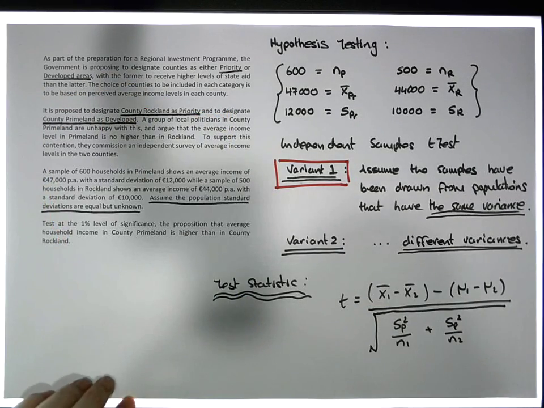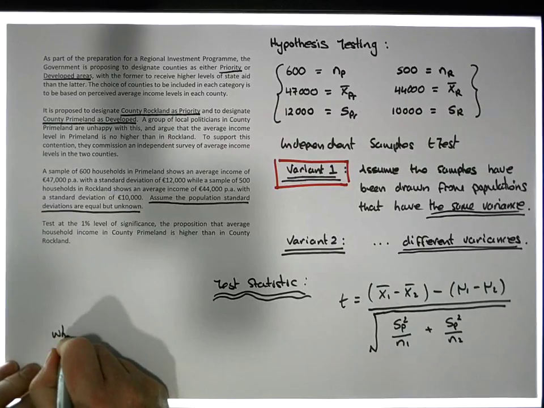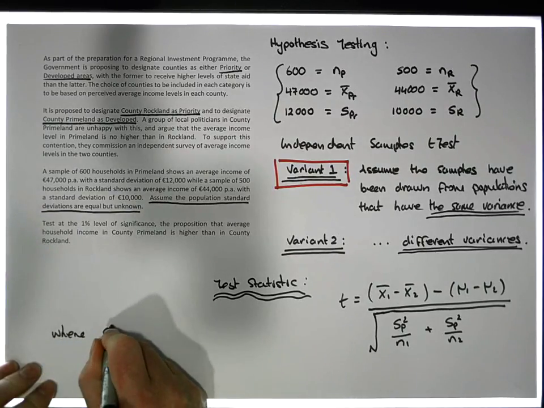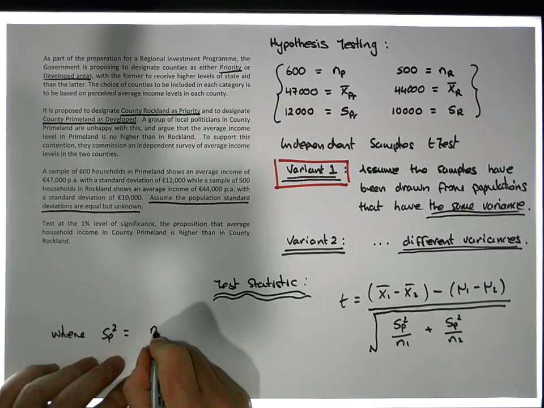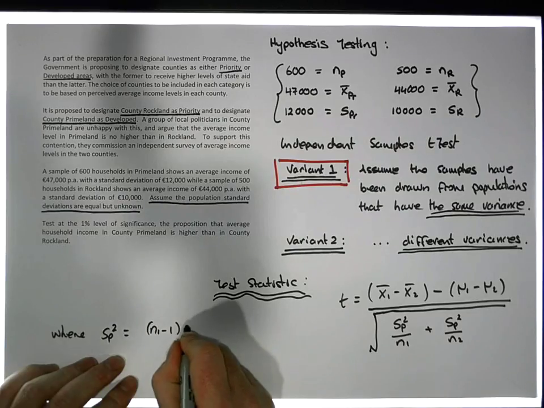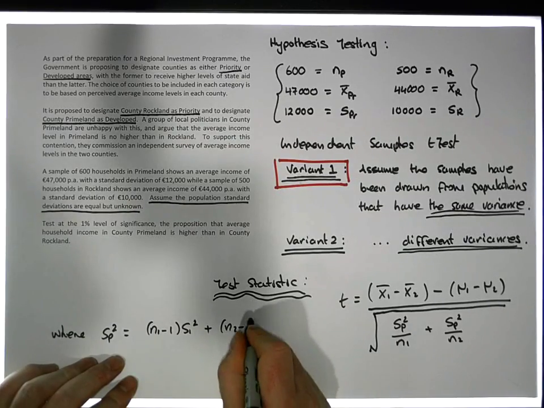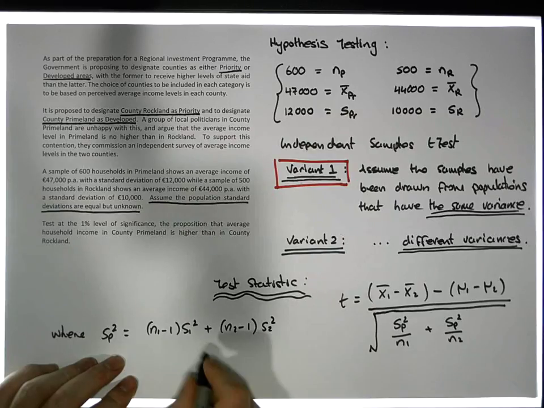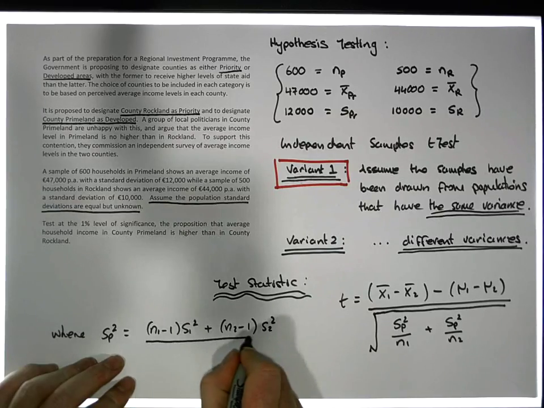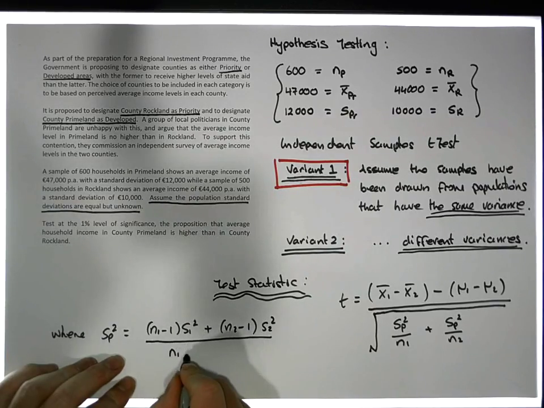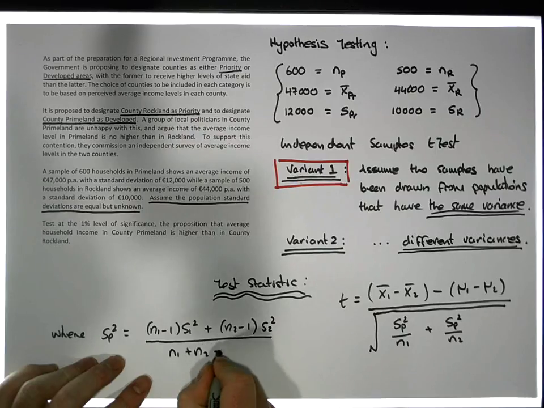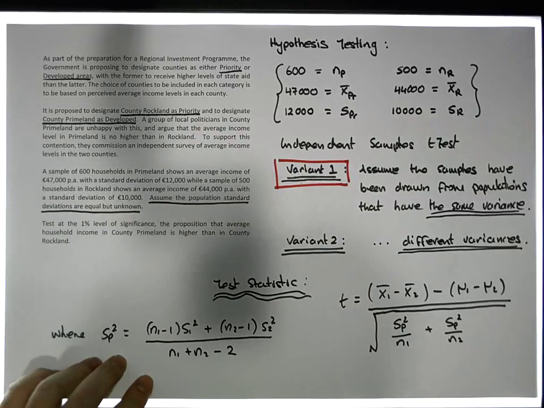If we want to calculate the pooled variance, Sp squared is simply equal to the first sample size minus 1 times the variance of the first sample, plus the second sample size minus 1 times the variance of the second sample, divided by n1 plus n2 minus 2. That's our degrees of freedom here, okay?